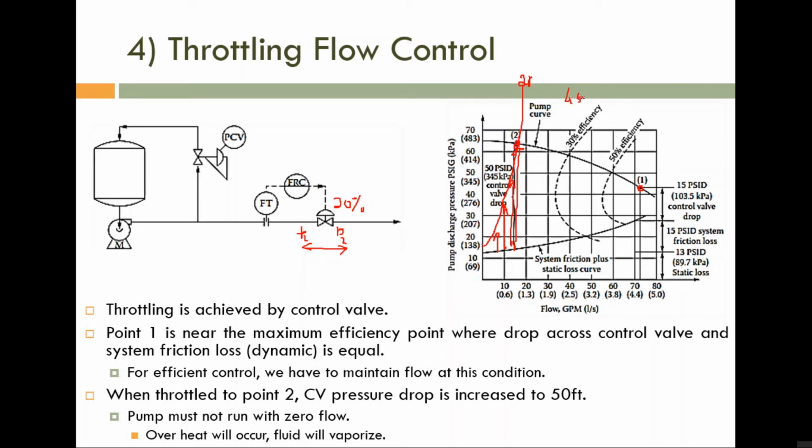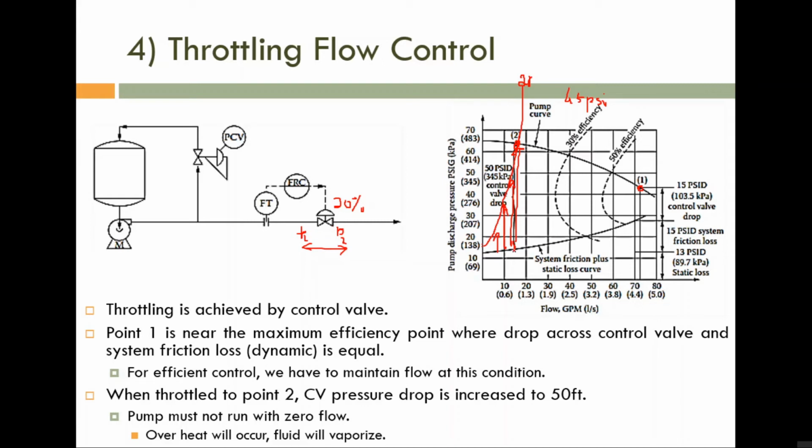That is the loss due to the control valve. It means that much energy is burned inside this control valve. Burned means that one is removed due to this control valve.